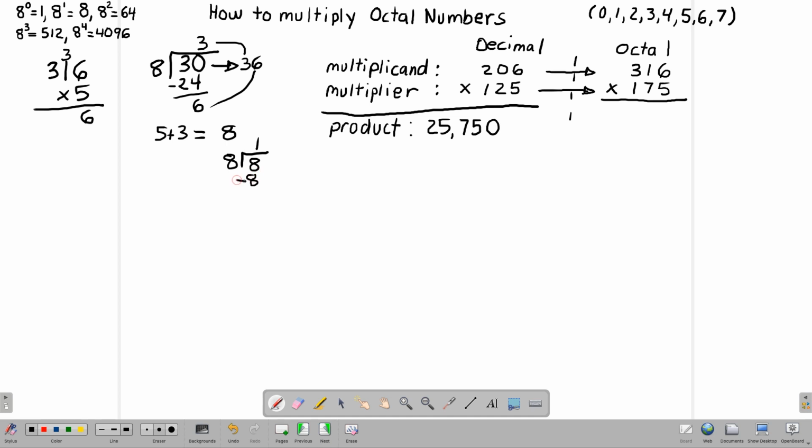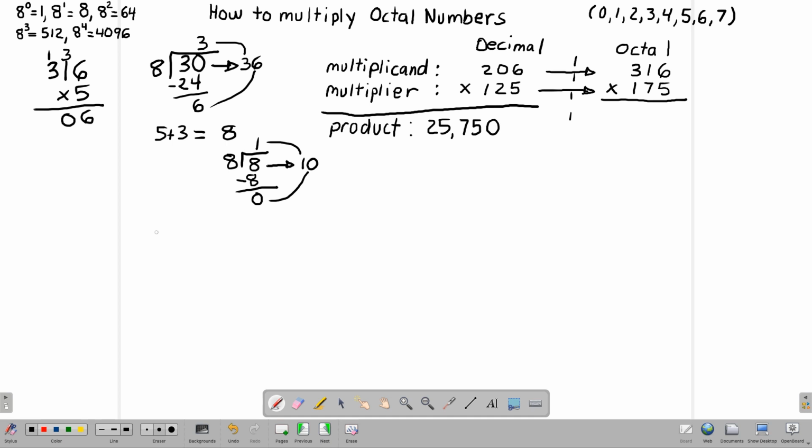We subtract. And the remainder is 0. And what this is saying is that the value 8 in octal is represented by the value 1, 0. So 0 goes here, and we have to perform a carry.